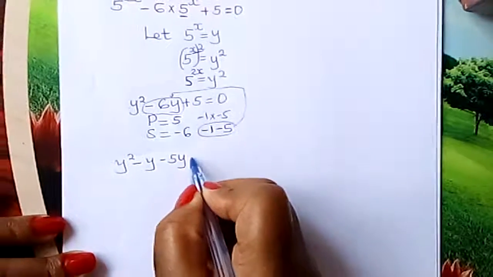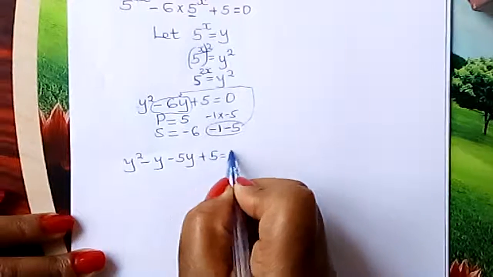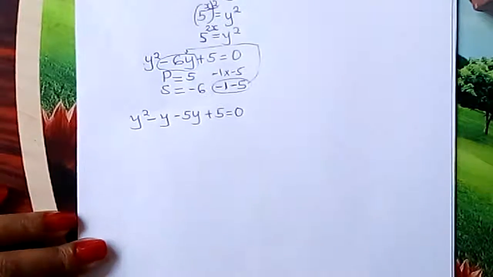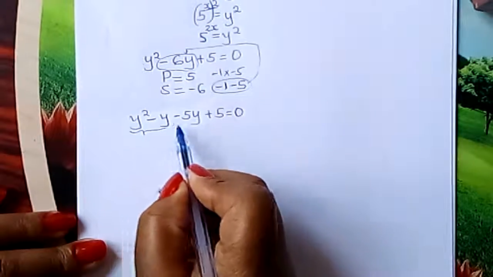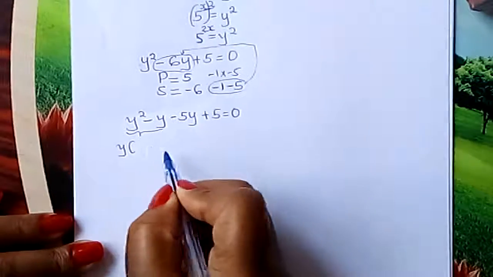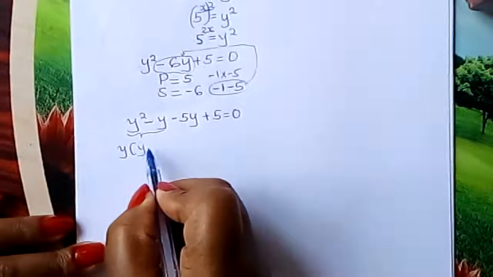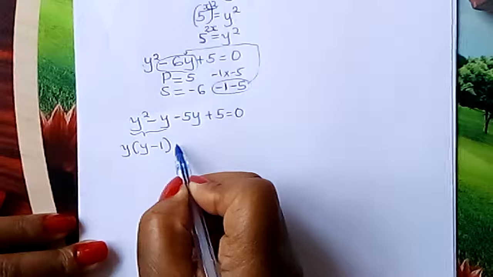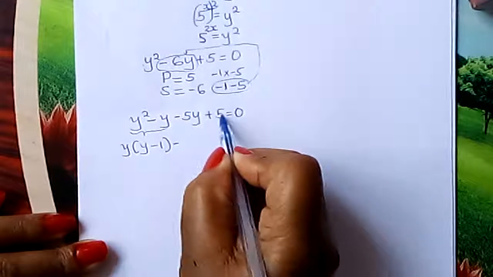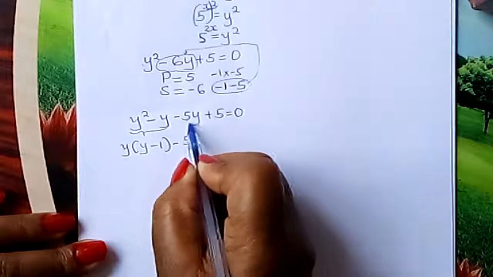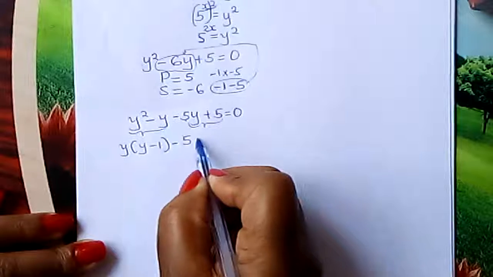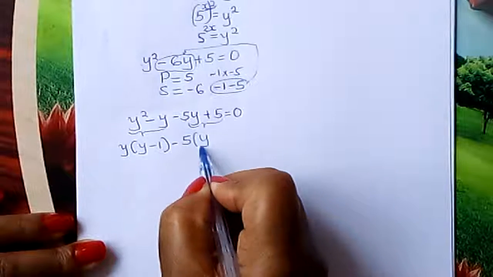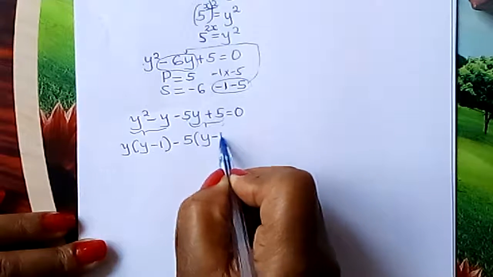Then we continue, plus 5 is equal to 0. So learner, we factor out y here. We are left with y minus 1. Factor out minus 5 from here, learner. You'd be left with y minus 1.